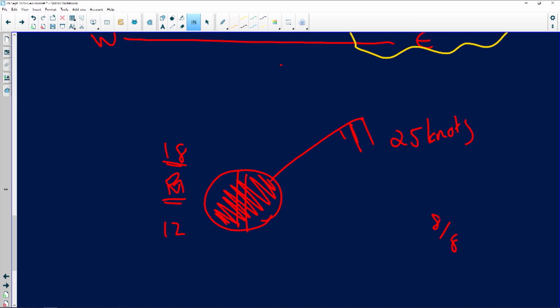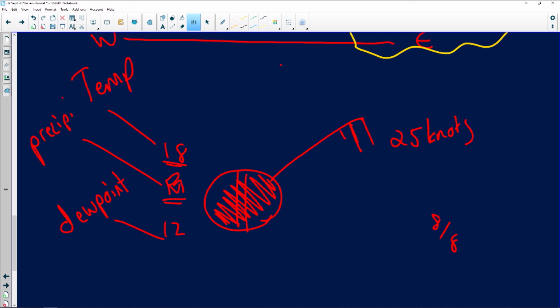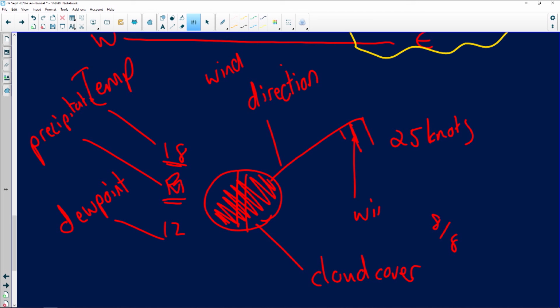So that's temperature, that's dew point, that's precipitation, that's cloud cover expressed in octas, that's wind direction, and this is wind speed.